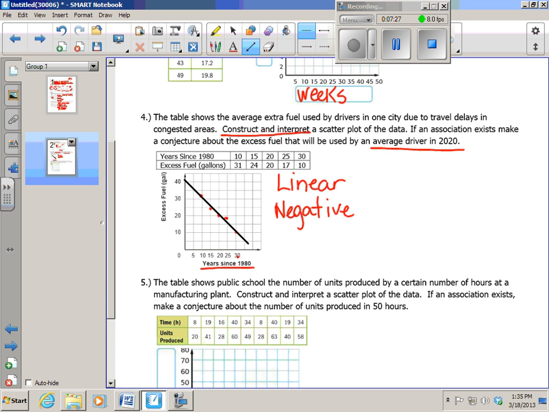But you notice that, okay, 2020 is 40 years after 1980. So we're looking for, where are we here?